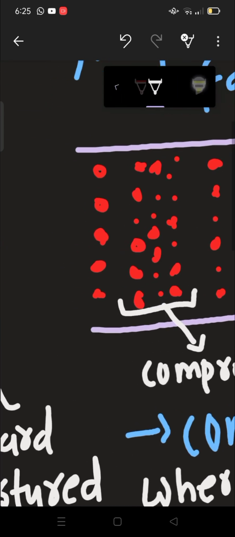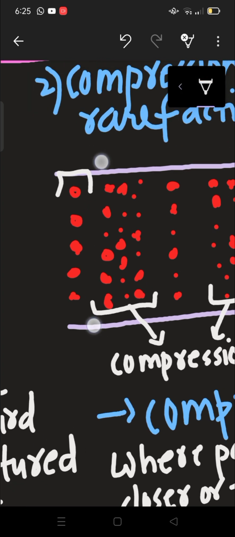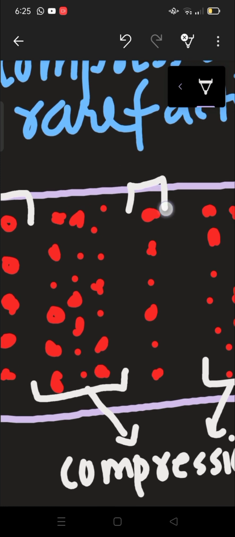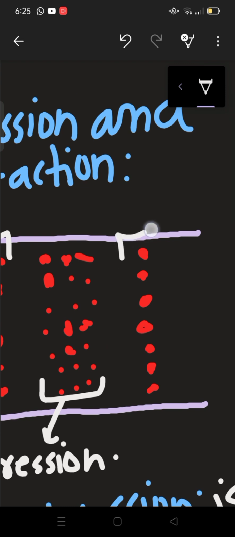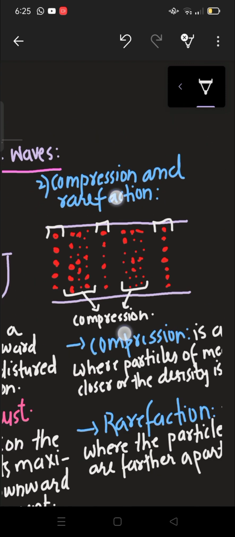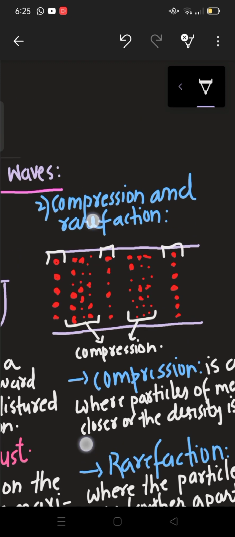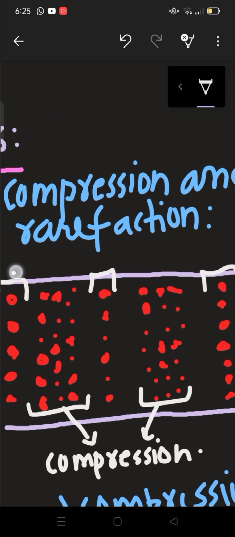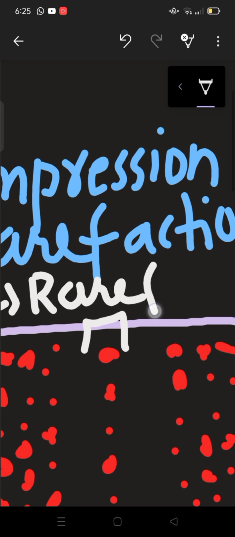As you can see here, we have regions where the density is minimum and the particles are farther apart. So these three regions are known as rarefaction.